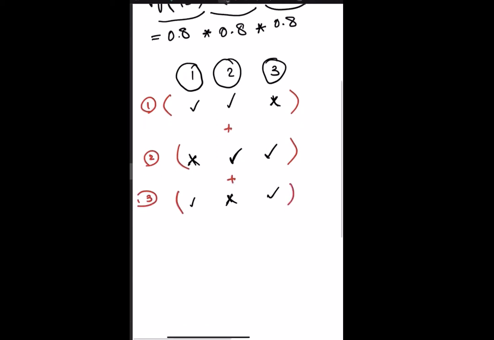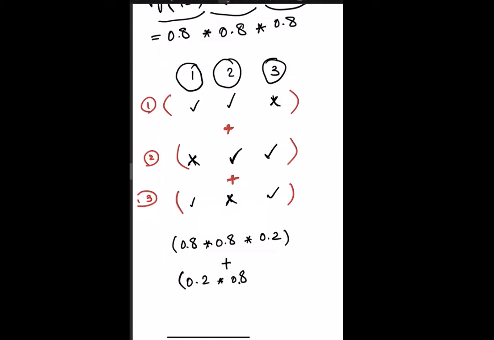Or means they are added to each other. Now, what is the probability that the first scenario happens? Or the second scenario happens.